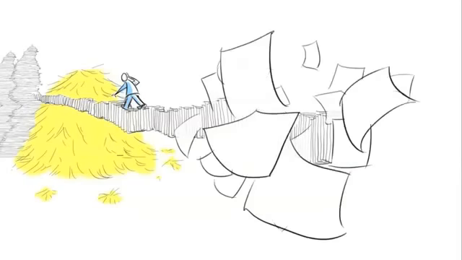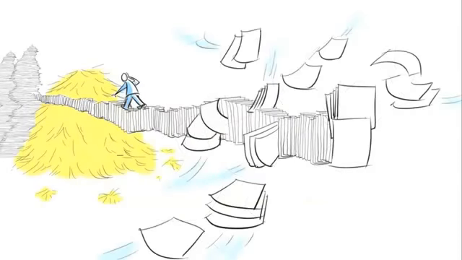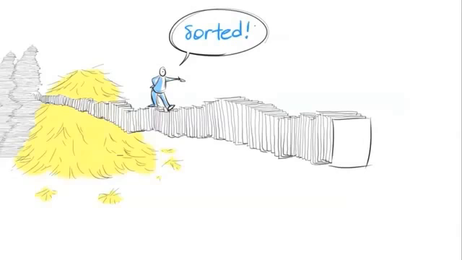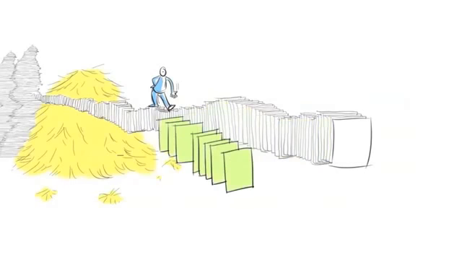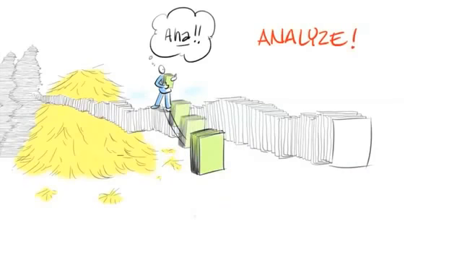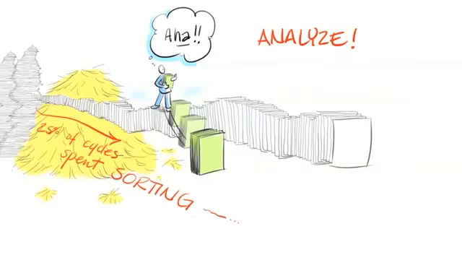Sorting is one of the fundamental tasks in computing because once the data is sorted, other operations on the data can be executed orders of magnitude faster, such as searching, merging, and analyzing information. In fact, many believe that as much as 25% of all CPU cycles today are spent simply sorting.